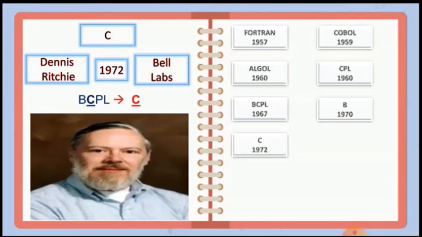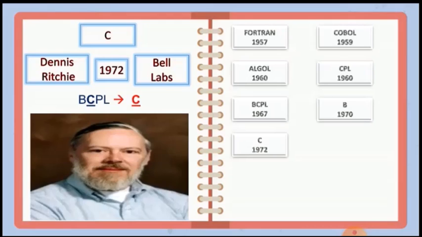C programming language had the powerful features of all the previous languages. To give respect to the BCPL language, the second character from BCPL is taken to give the name C language.